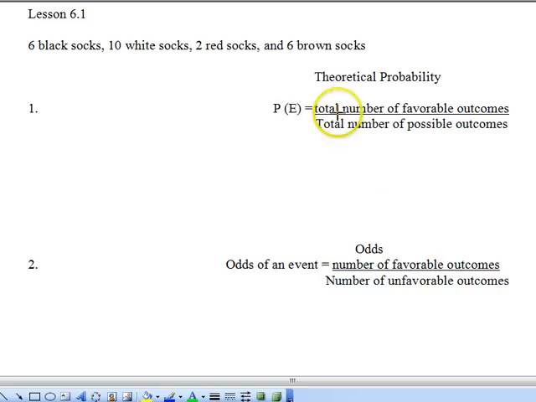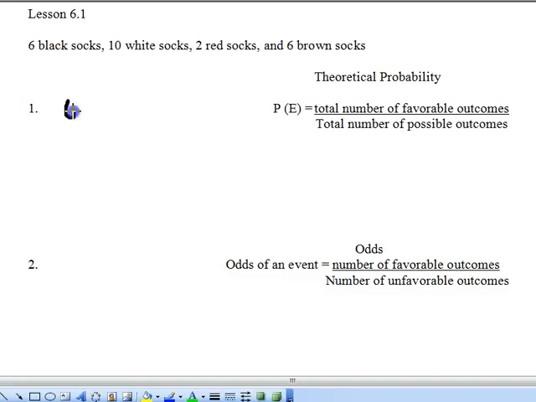We have our probability equation here. P of E equals the total number of favorable outcomes over the total number of possible outcomes. Our favorable outcomes would be the total number of brown socks, because that's what the problem asks for. There are 6 brown socks in the drawer.